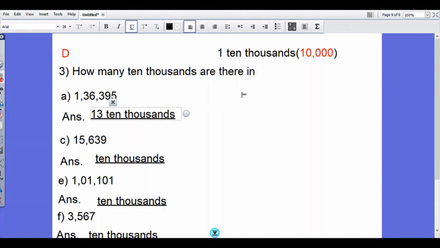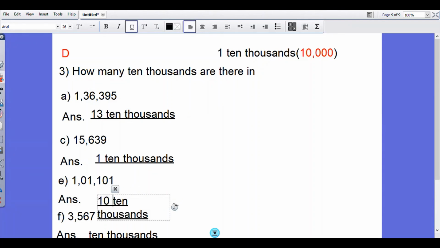Now again 1, 2, 3, 4. So the answer is 10,000s.